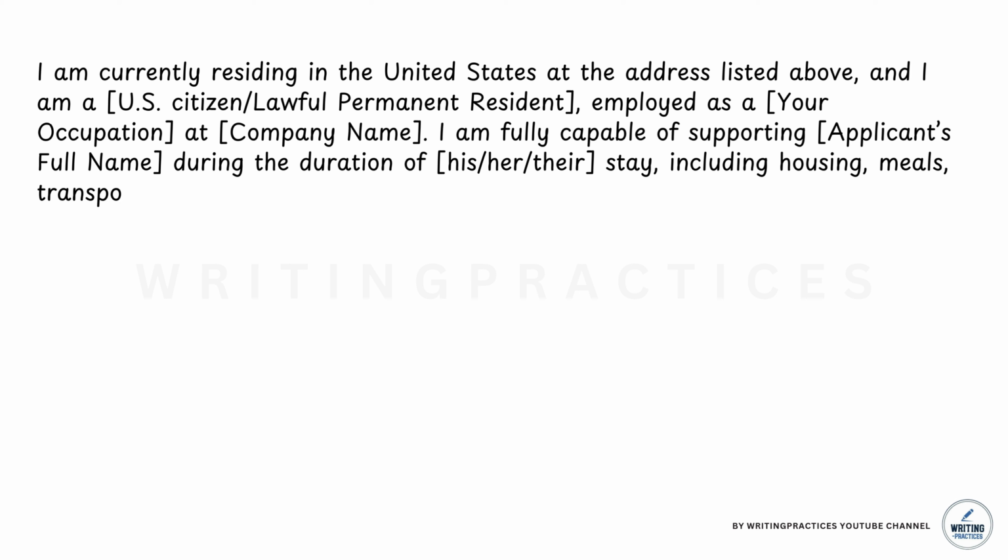I am fully capable of supporting applicant's full name during the duration of his, her, their stay, including housing, meals, transportation, and any incidental expenses. This part is essential to prove that you are financially stable. Mentioning your job, your immigration status, and your responsibilities shows that you meet the requirements to be a legitimate sponsor.